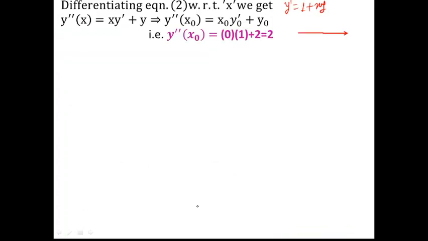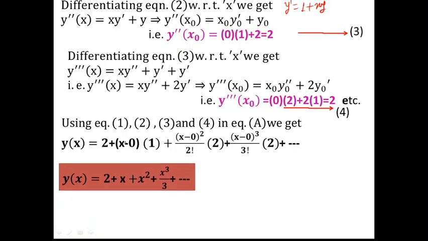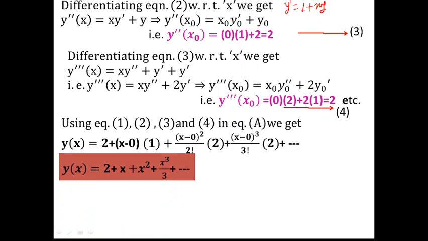So putting the values in equation number A, what do we have? We have 2 plus (x minus x naught is 0) y naught dash is 1, plus (x minus x naught is 0) whole square by 2 factorial, y naught double dash is 2, plus and so on. Simplifying, we get this as a Taylor series expansion.